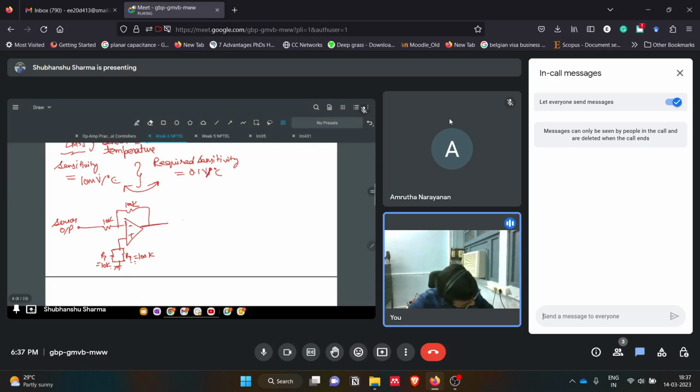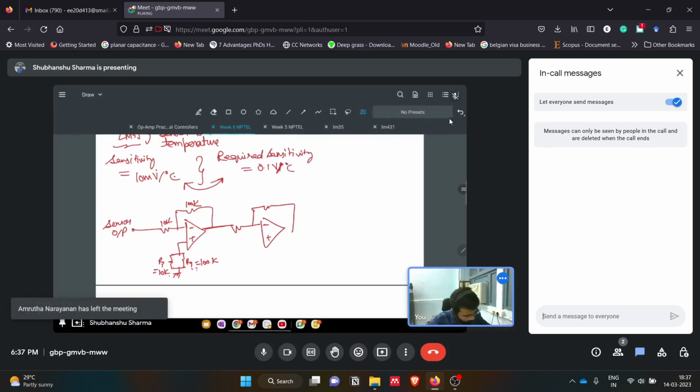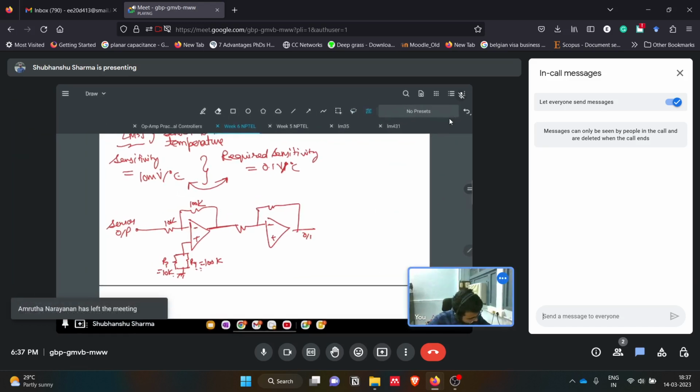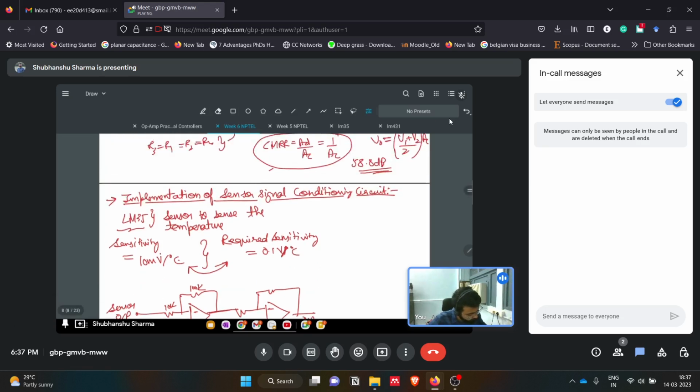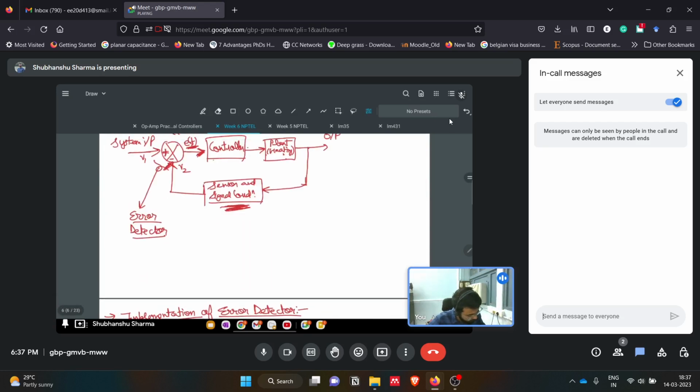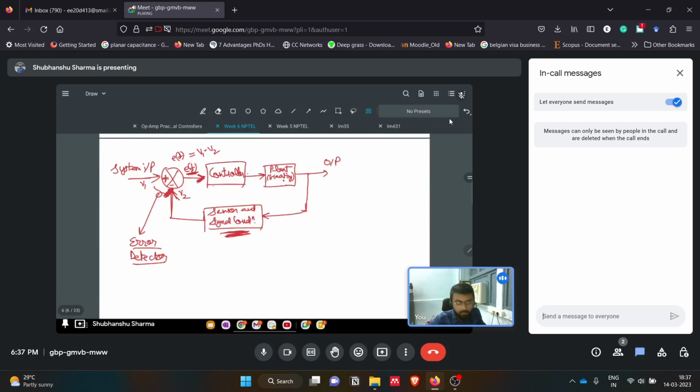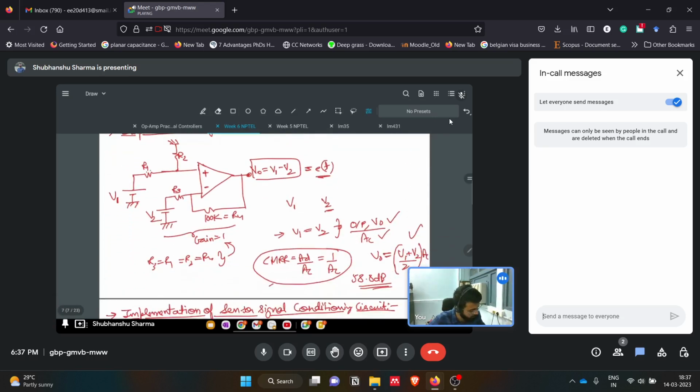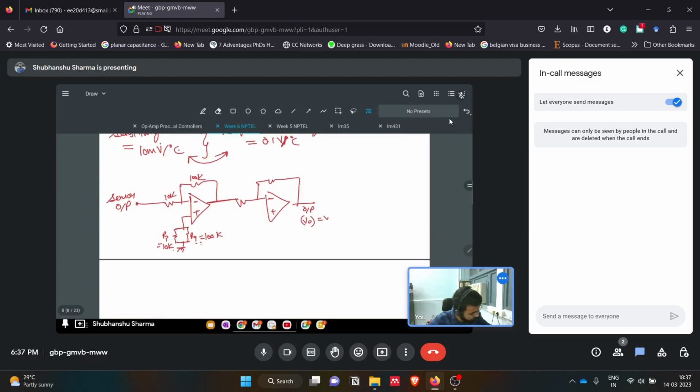Then we are using another inverting amplifier, where the output V naught is fed back to this V2, which we are now seeing. This is the signal which is being fed back to the controller.